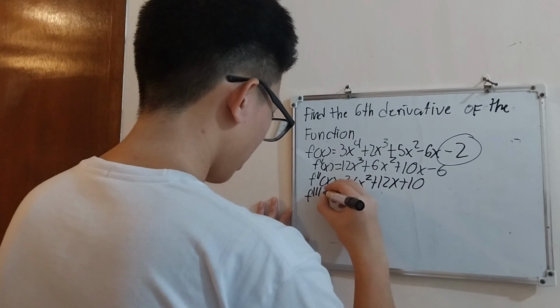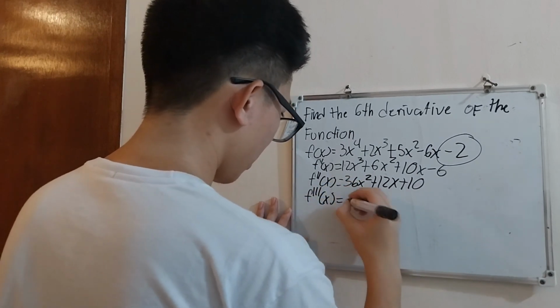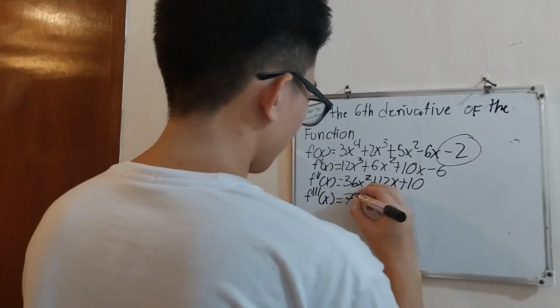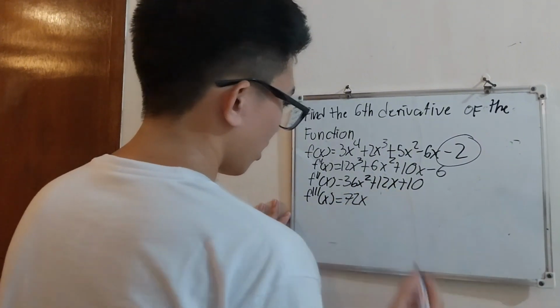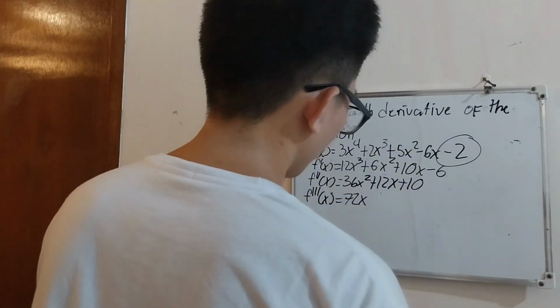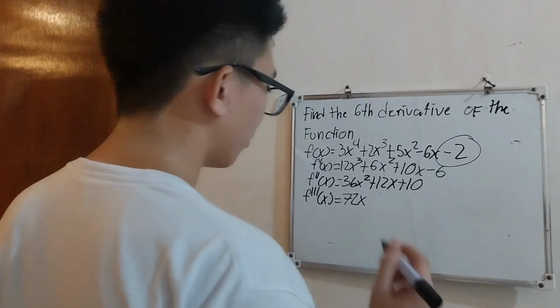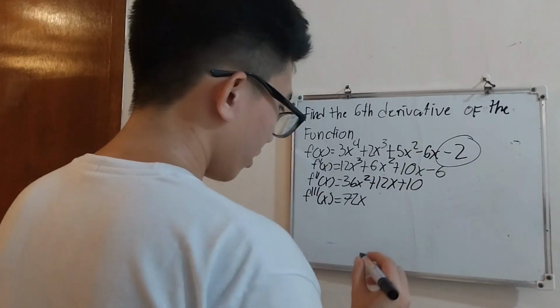Now 2 times 36 equals 72. Let's put x, since 2 minus 1 is equal to 1. Since there is already an invisible 1 in the x, you don't have to put 1 above.